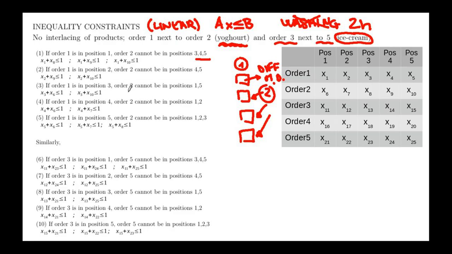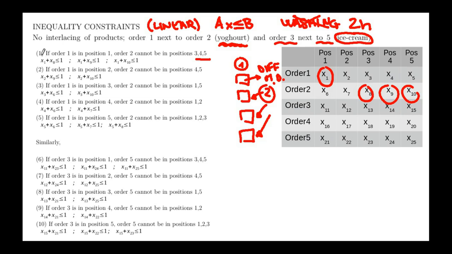So how can I write this down? First of all, order 1 in position 1 is x1, and order 2 in positions 3, 4, and 5 are x8, 9, and 10. So that's why I put x1 plus x8 must be less or equal than 1. Why less or equal than 1?